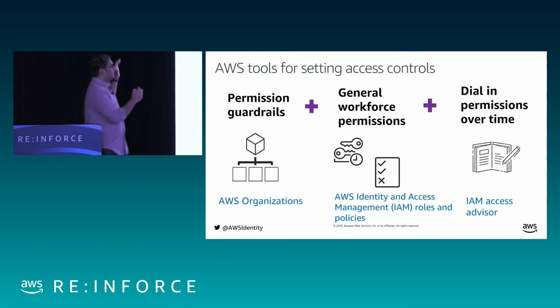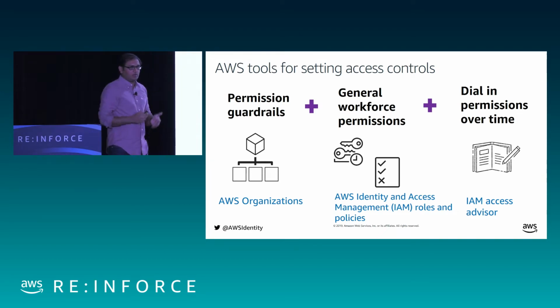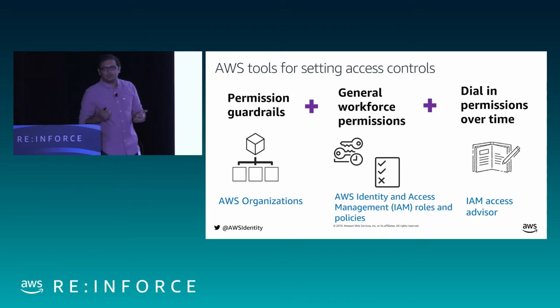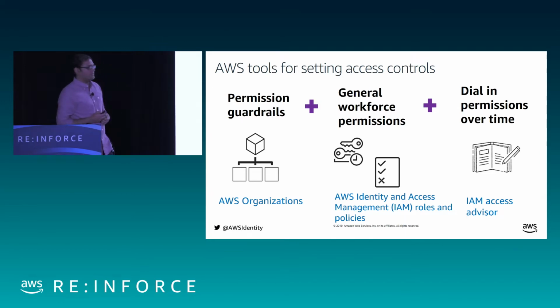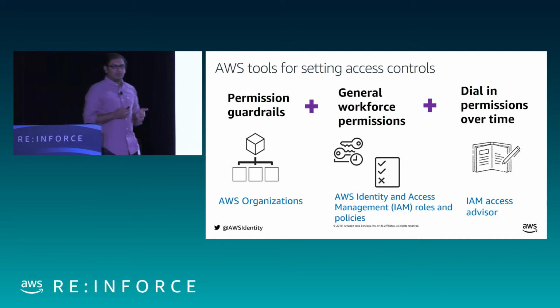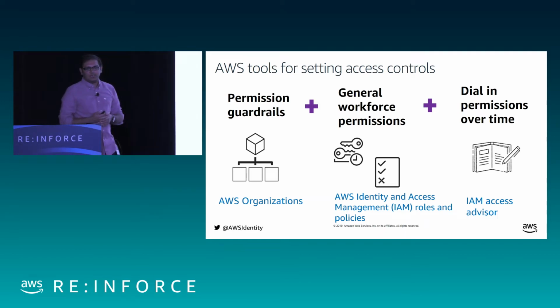So we know that this is a threefold process, right? How does this translate into tools that AWS has to help you in this space? Let's start with permission guardrails. We have a service called AWS Organizations, which allows you to manage and govern across multiple accounts. I'm not going to go too deep, but I'm going to talk about its ability to set permission guardrails across your accounts.